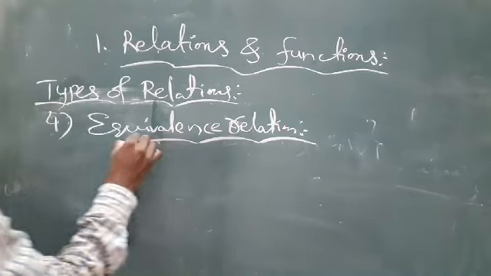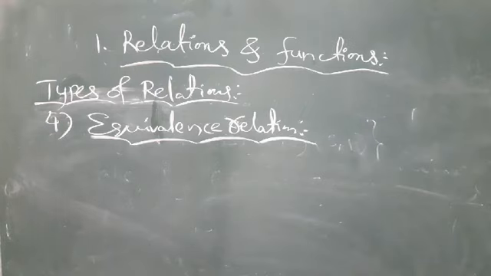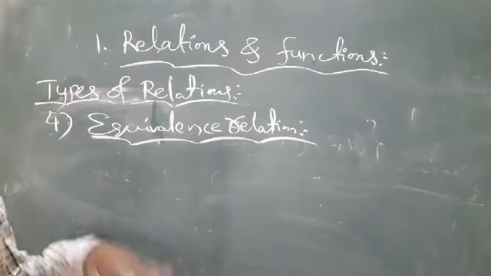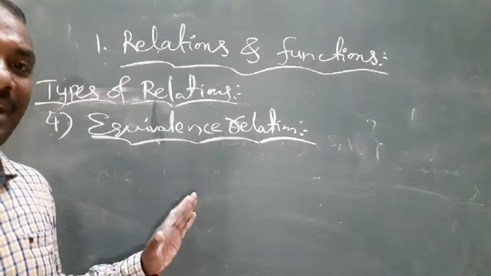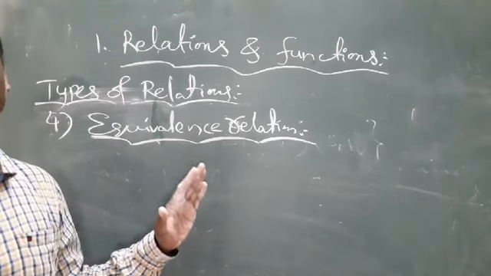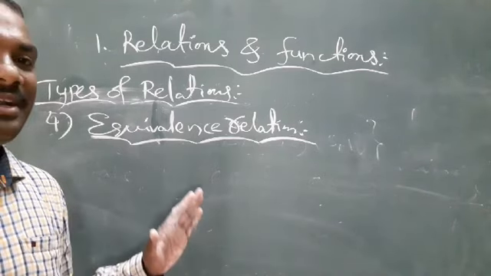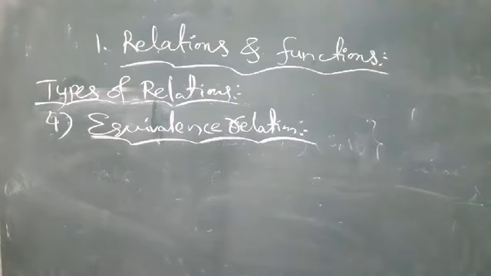A relation is said to be equivalence if R is reflexive, symmetric, transitive. When the first three are satisfied, then automatically that relation is called an equivalence relation.